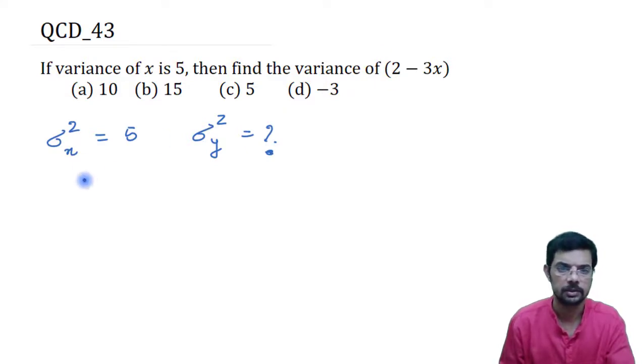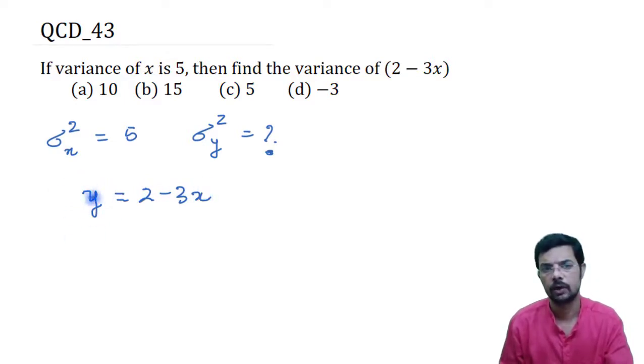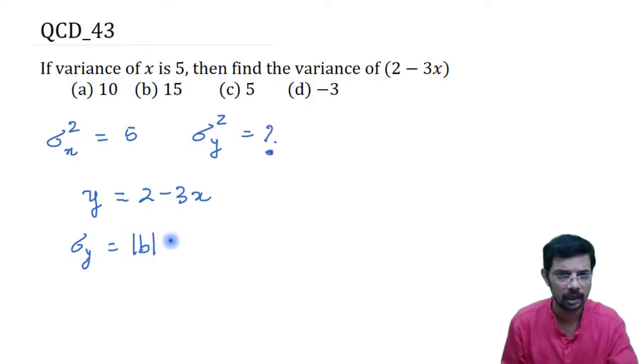The relationship is y is equal to 2 minus 3 into x. So we know that the standard deviation of y, sigma of y, will be equal to the modulus of b into the standard deviation of x.